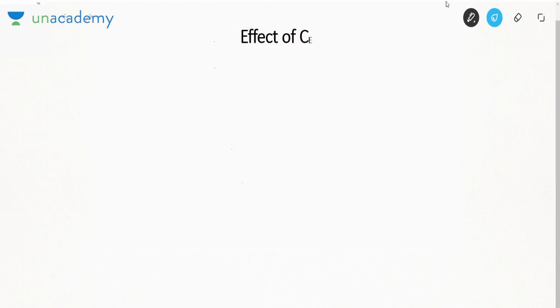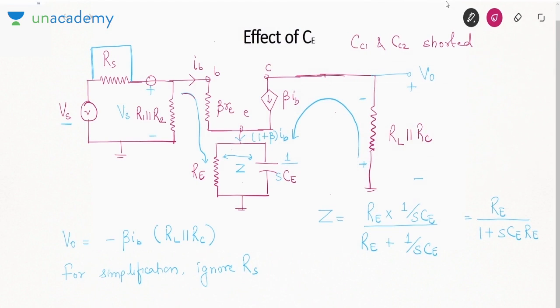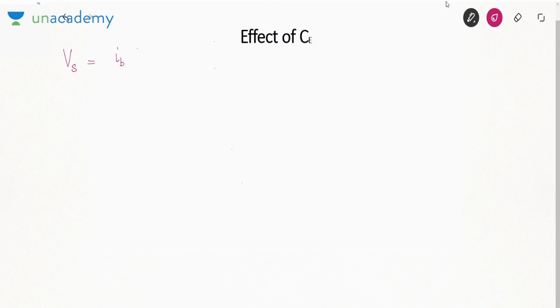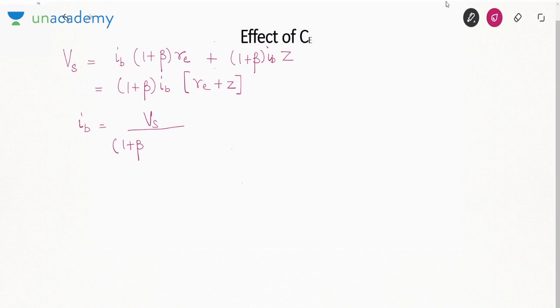So now we know the total voltage is Vs. If I apply KVL, like this, so what I'll say, actually this resistance is not beta RE but 1 plus beta RE, which we approximate as beta RE, plus 1 plus beta IB into Z. That means 1 plus beta IB times RE plus Z, or you can say IB is Vs over 1 plus beta times RE plus Z. Now we know V0 is minus beta IB RC parallel RL.